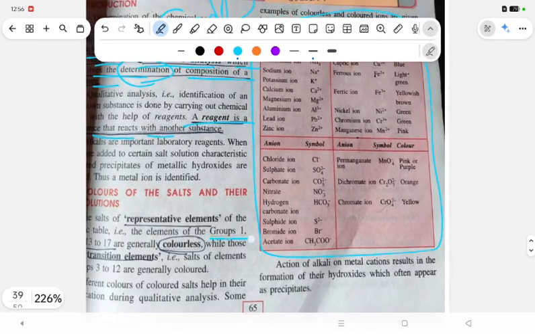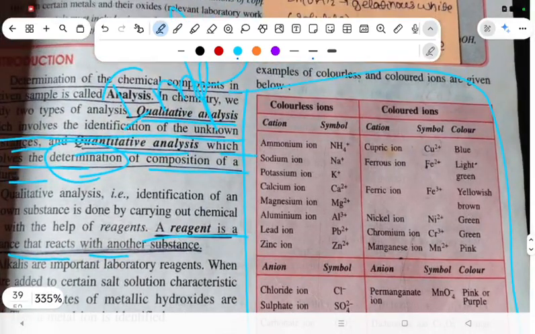So from groups 1, 13 to 14, they are generally colorless, while those are transition elements. So in this table, which ions are colorless? Ammonium, sodium, potassium, calcium, magnesium, aluminium, lead, zinc.